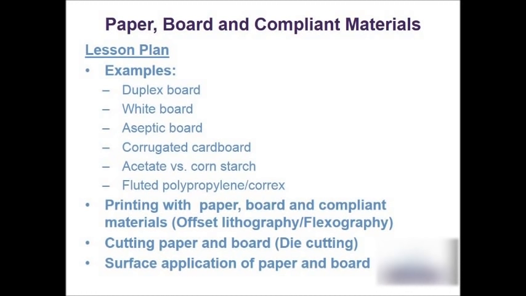The third type of paperboard and card I'm going to talk to you about is corrugated cardboard. Corrugated cardboard may not be the most attractive type of board, however, it has several uses. Corrugated cardboard is a really good insulator.